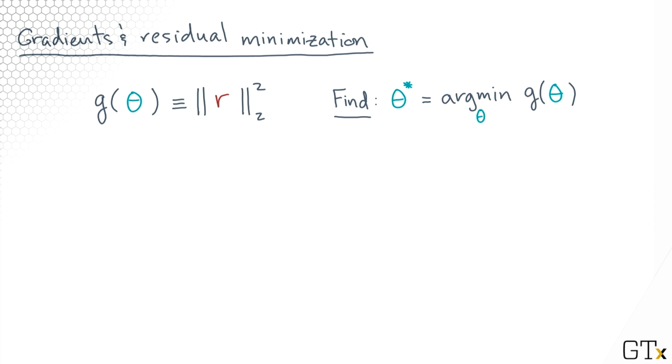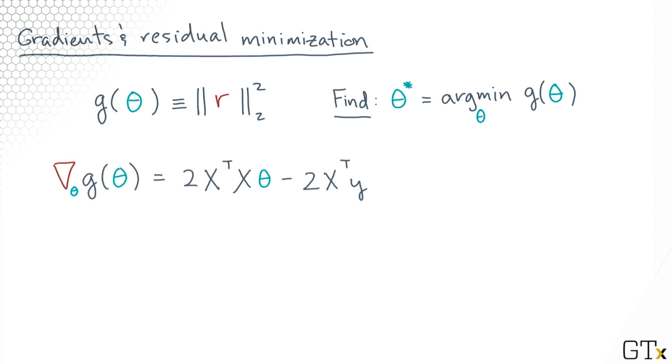Armed with these facts, you can show the following. First, the gradient of g is 2 times X transpose X theta minus 2 times X transpose y. You can then ask, what is the value of theta, let's call it theta star, at which the gradient is 0?